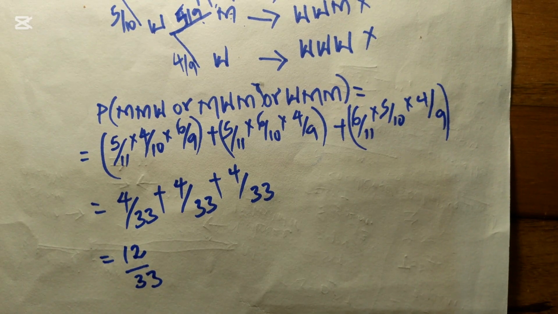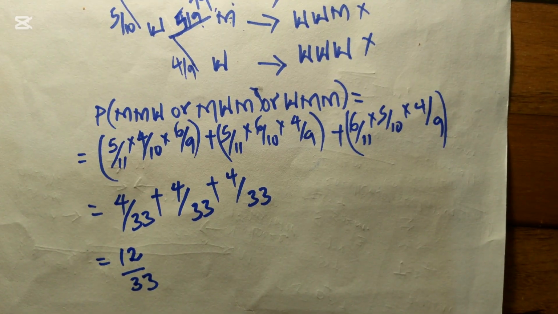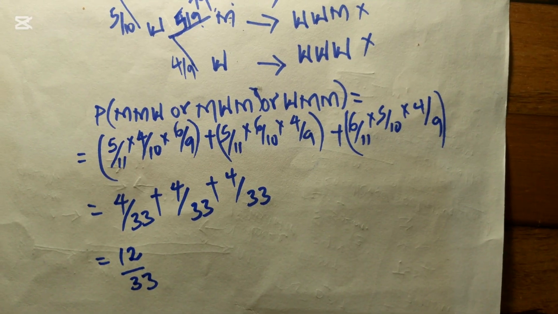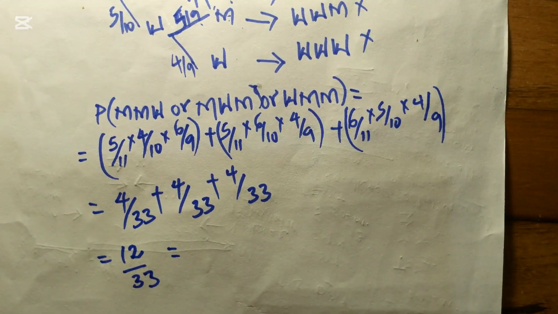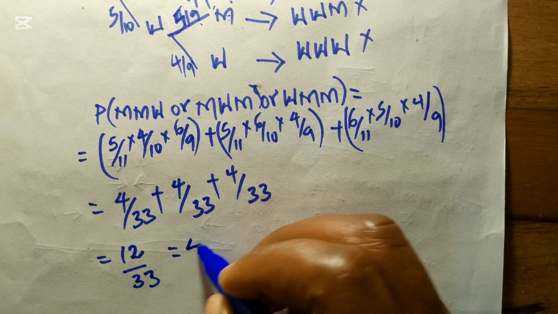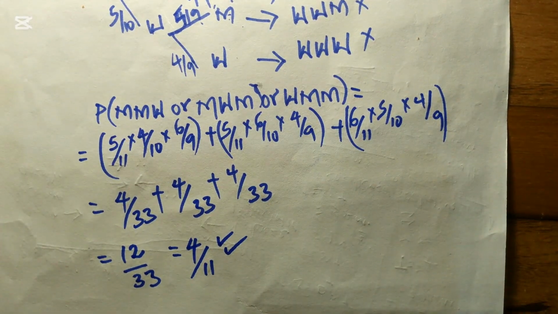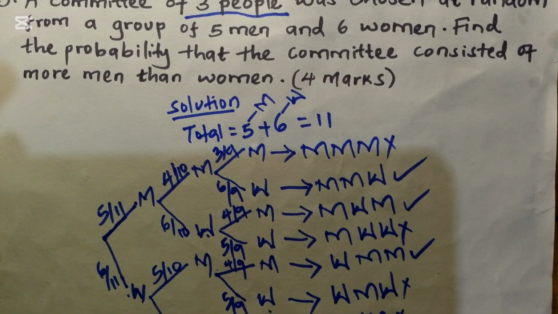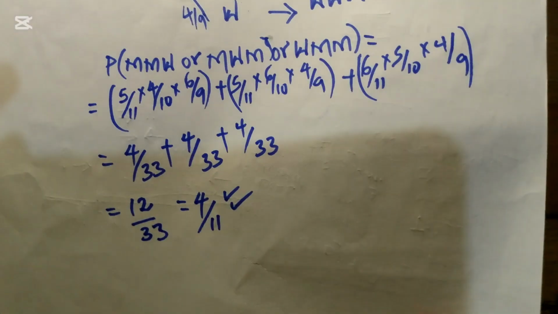Yes? No. We give probabilities in the simplest form, or any fraction should be left in the simplest form. You should know that. So simplifying this gives us 4/11, and that is the probability of the committee consisting of more men than women. 4/11.